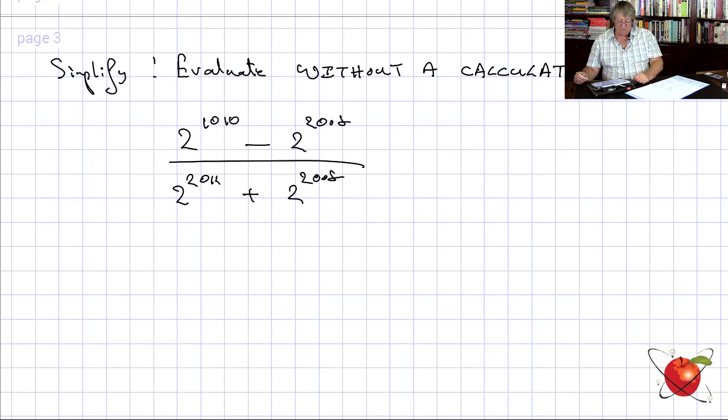So therefore, what do we do? Hang on a second. Prime factor. They are already prime factors. They're 2's, right? But yes, if there was a 4 there, you prime factor it.